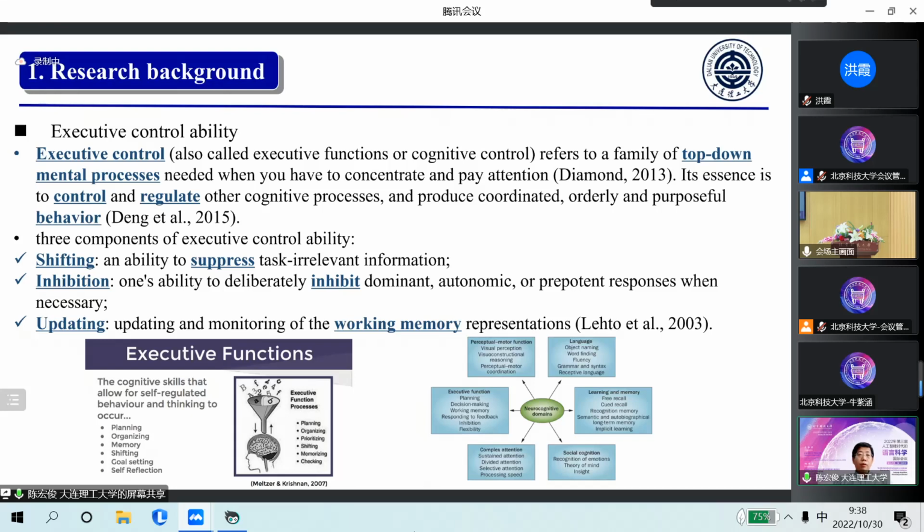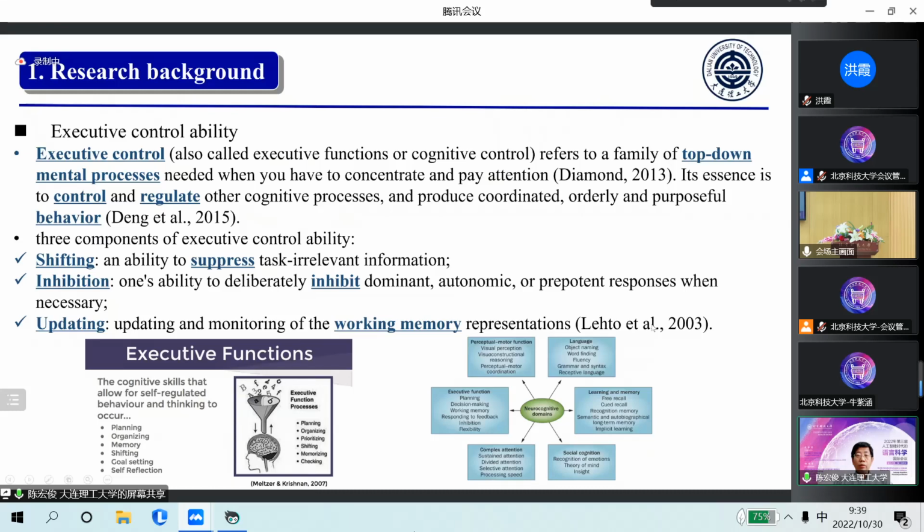Yesterday several researchers and professors mentioned executive functions or executive control ability. Executive control ability refers to a family of top-down mental processes needed when you have to concentrate and pay attention. Its essence is to control and regulate other cognitive processes and produce coordinated, orderly, and purposeful behavior.